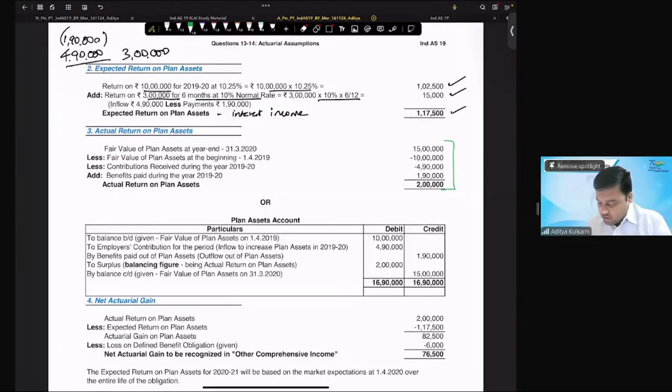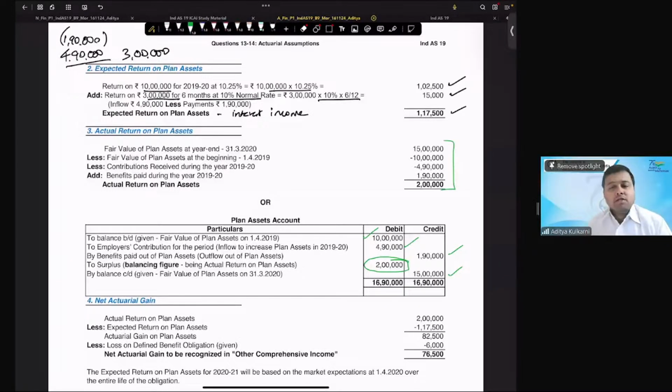So closing balance is 15 lakhs. Opening balance is 10 lakhs. 4 lakh 90, 1 lakh 90 is your contributions received and paid out from the fund. So the net actual return is 2 lakhs. Is it okay? Net actual return is 2 lakhs.